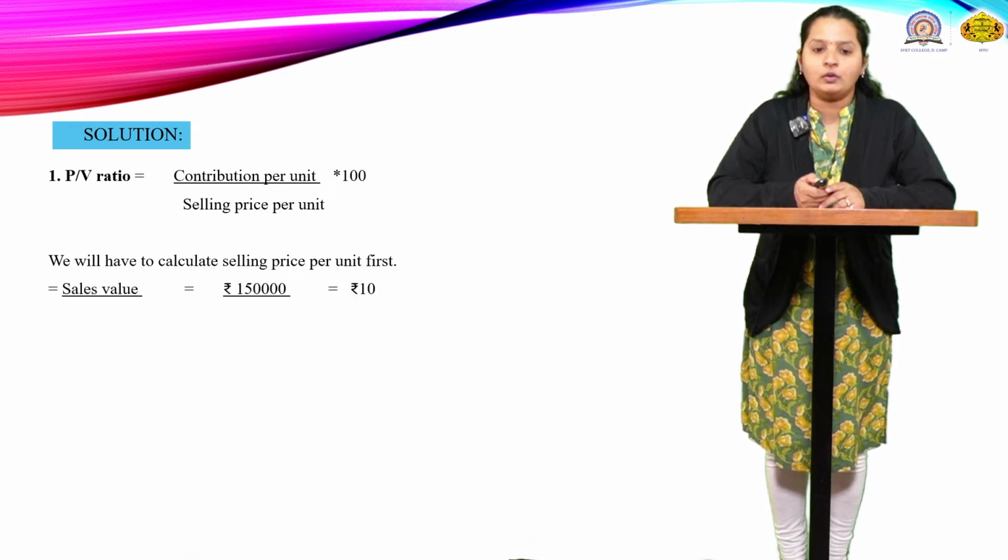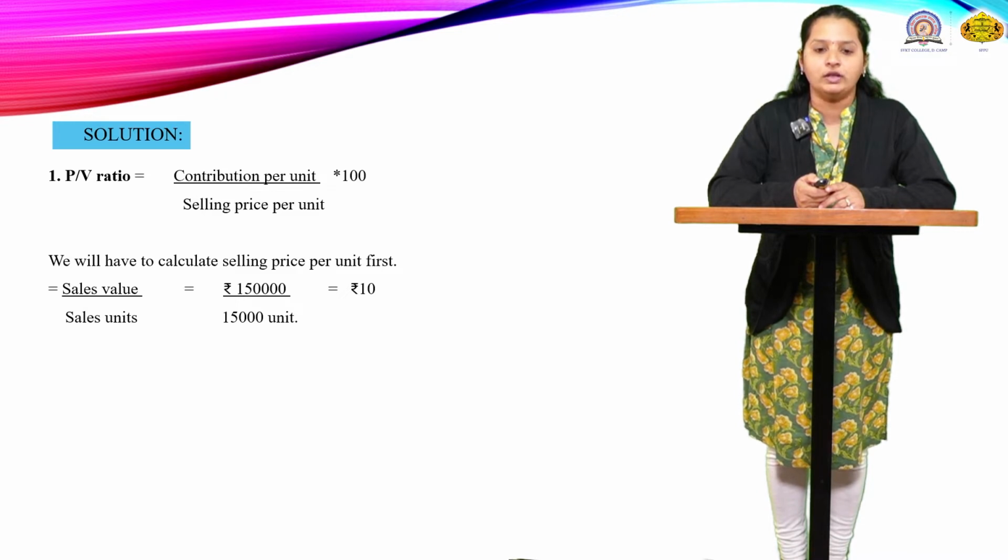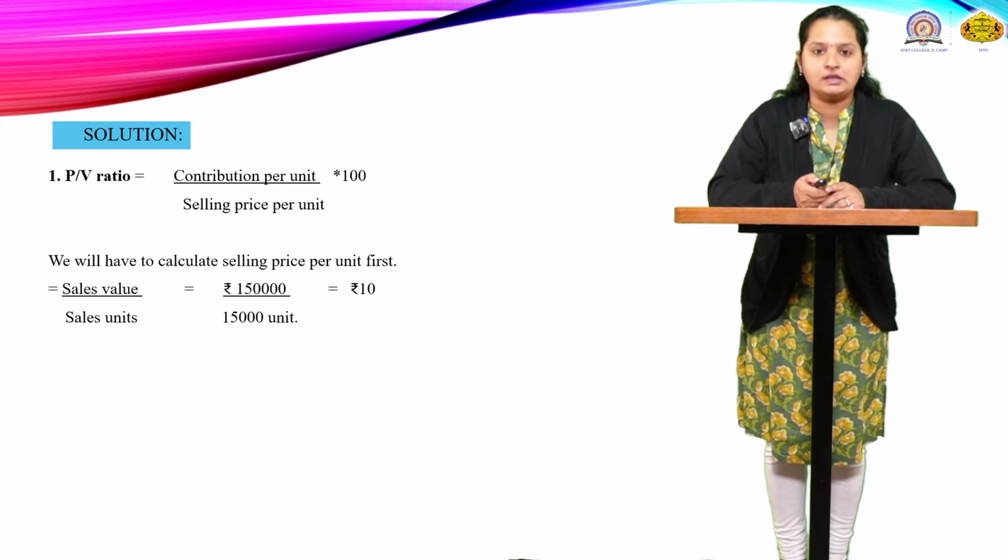For that, we have the sales value, that is 1,50,000, and the sales units, that is 15,000 units. By dividing this value by the units, we get the selling price per unit. So rupees 1,50,000 divided by 15,000 units is equal to rupees 10.